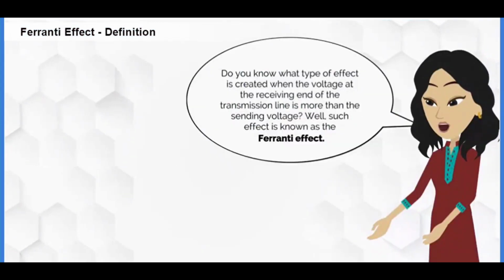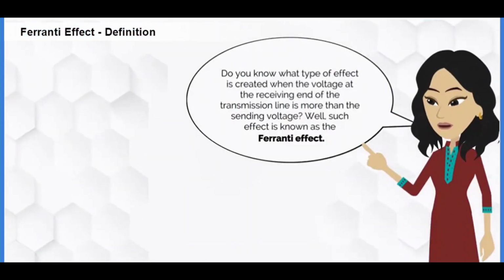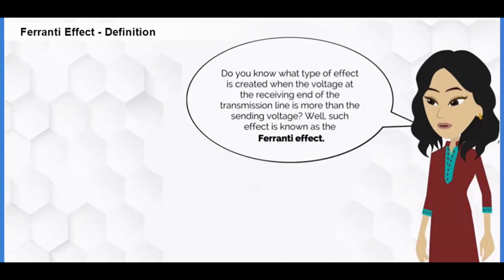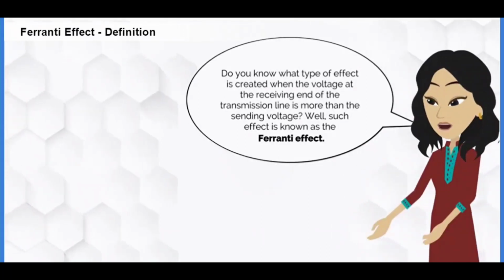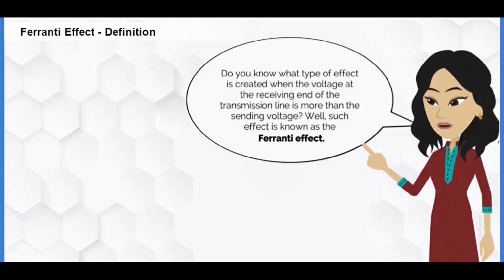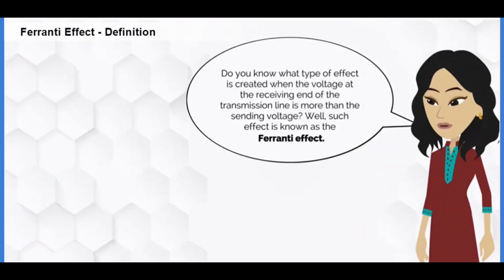Do you know what type of effect is created when the voltage at the receiving end of the transmission line is more than the sending voltage? Well, such an effect is known as the Ferranti effect.